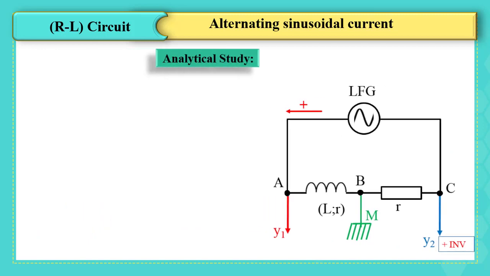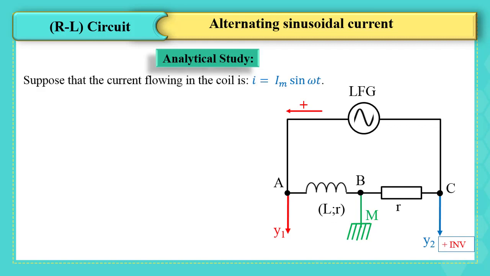According to this study, we are going to show analytically that the voltage across the coil leads the current traversing the coil. Suppose that the current flowing in the coil is i equal Im sine omega t, and the voltage across the coil, according to Ohm's law, UAB is equal to Ri plus L di over dt.